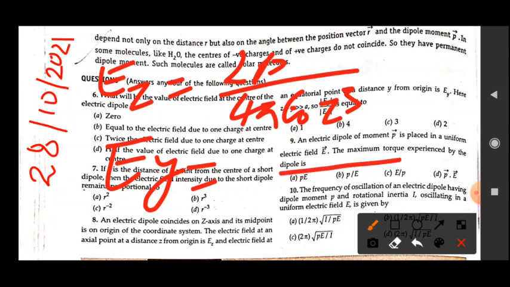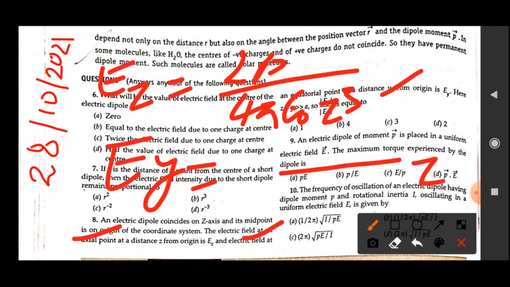If this is the z direction, this is the axial point of the dipole, then it is given that this is the electric field at an axial point at the distance z from the origin. So this is the axial direction, and then the electric field at an equatorial point.